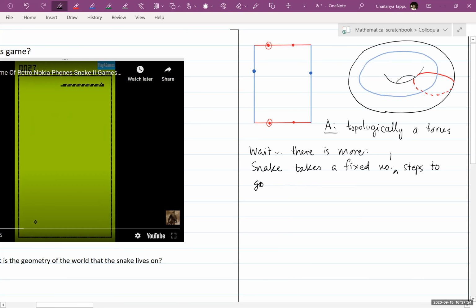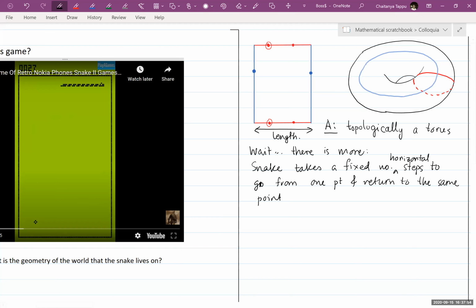So if the snake takes a fixed number of horizontal steps, it goes from one point and returns to the same point. And that is the length of this side, right? If it takes a certain number of horizontal steps, it comes back to its original starting point, and similarly for vertical steps.